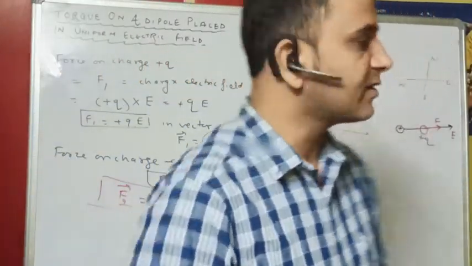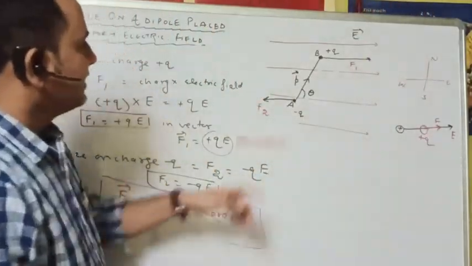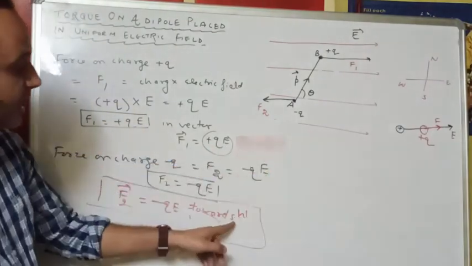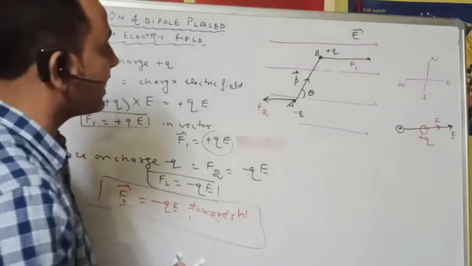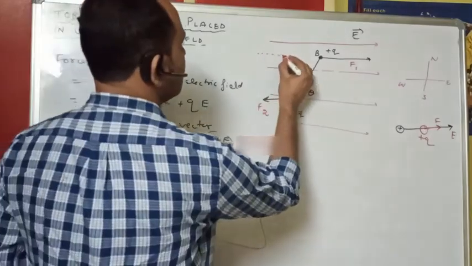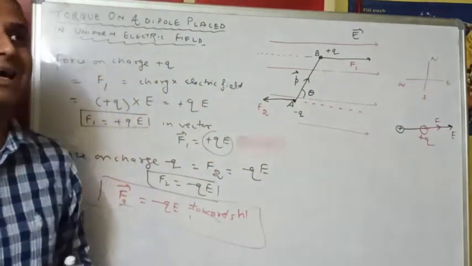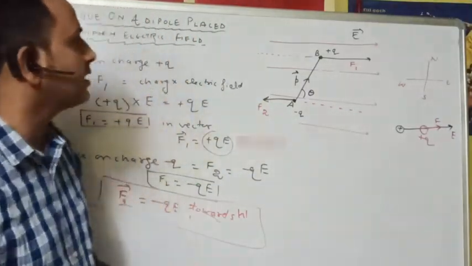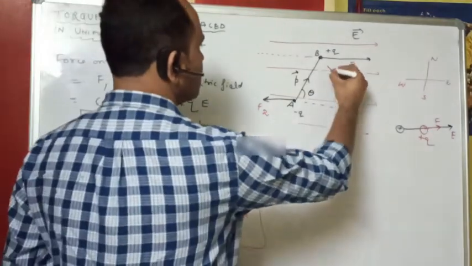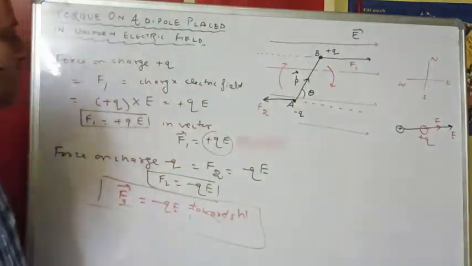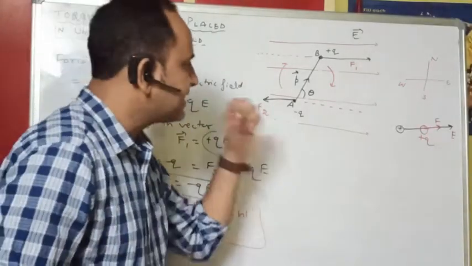Finally, what we observed here is that both forces have the same magnitude but opposite directions, and their lines of action are also different. So these forces form a couple. Due to the couple, there is a rotational motion in the dipole, a turning effect.